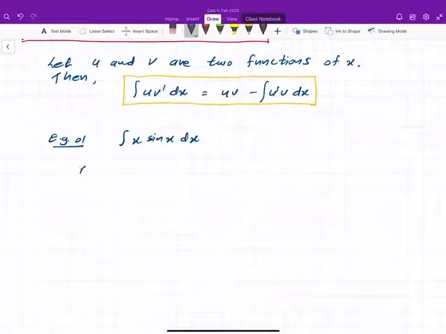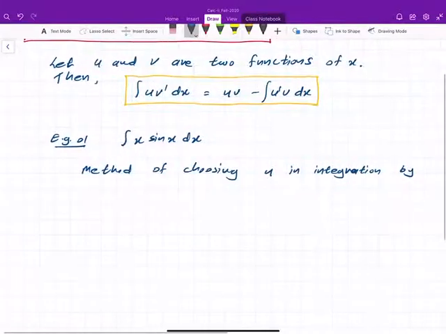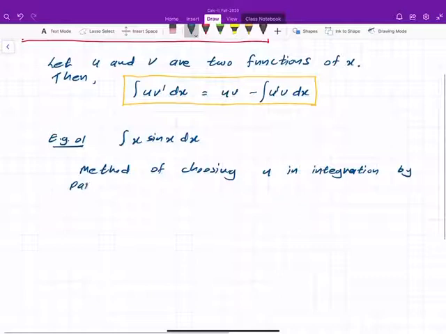This is the method of choosing u in integration by parts. Okay, this method has two steps.